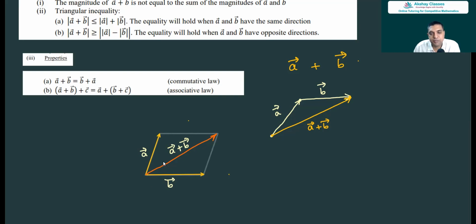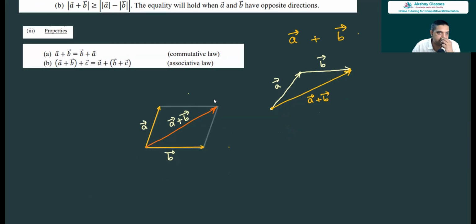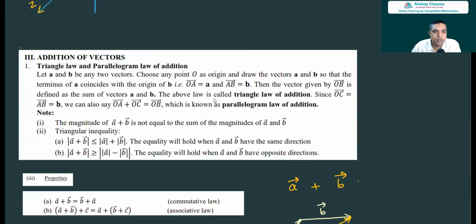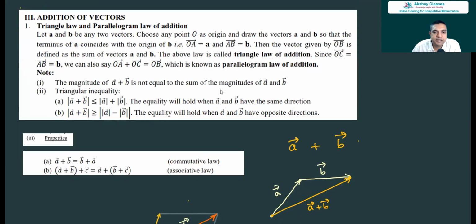So A plus B, according to the triangular law or parallelogram law, is this way. According to the parallelogram law, it is the diagonal. And according to the triangular law, it is the third side of the triangle. So this is the parallel addition of two vectors always.